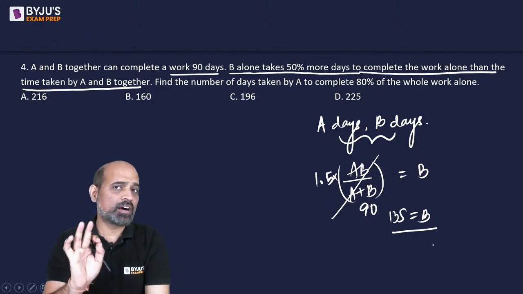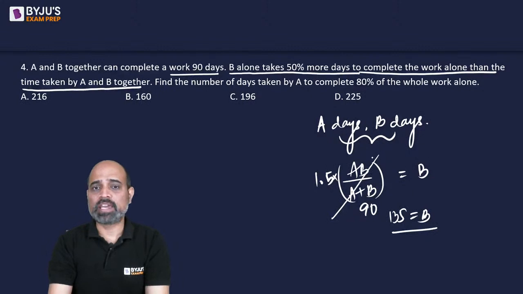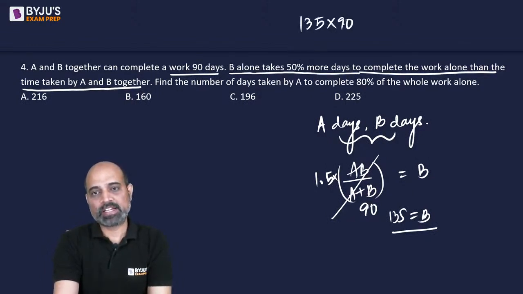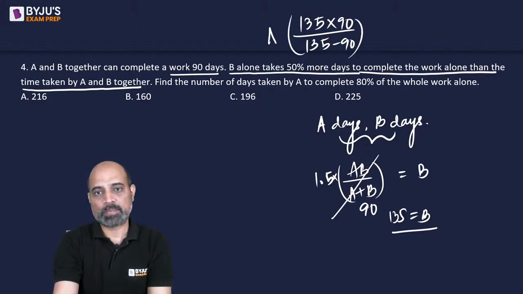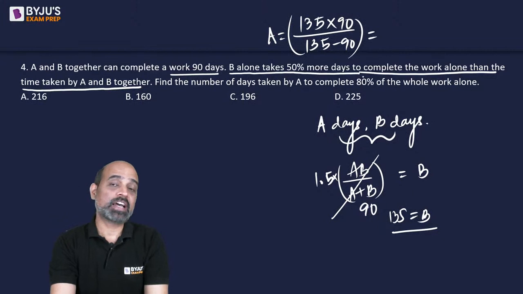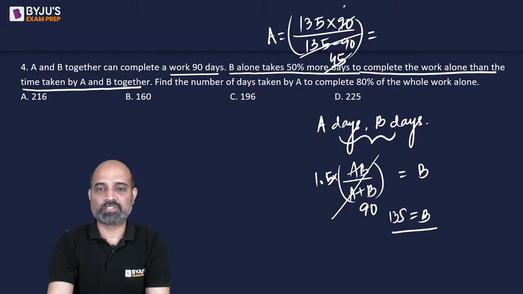So B alone does the work in 135 days, then how many days will A take? It's going to be 135 into 90 divided by 135 minus 90. That will be A's days. I hope you have learned all these shortcuts, right? Which results in 45. The moment it results in 45, this is 2 times, so it becomes 270.